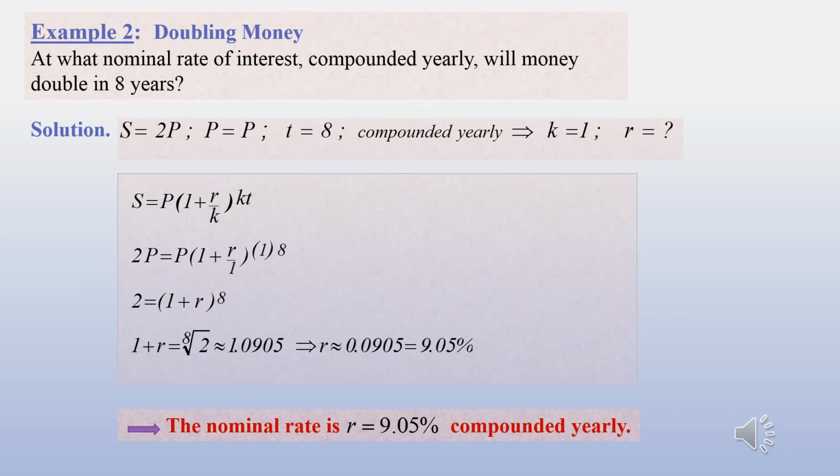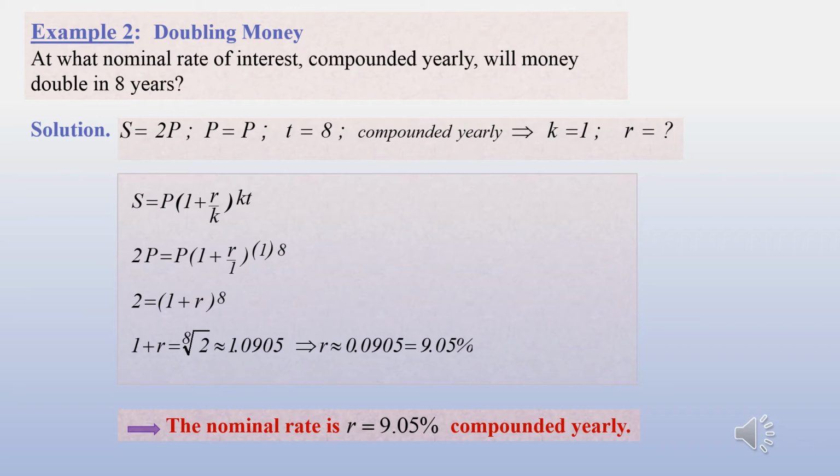Will money double? Money is doubled. It means from P it becomes 2P, because the first investment is P. So P equal to P and S equal to 2P in 8 years.